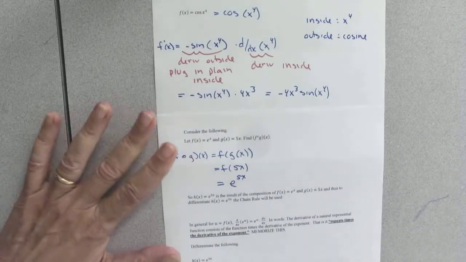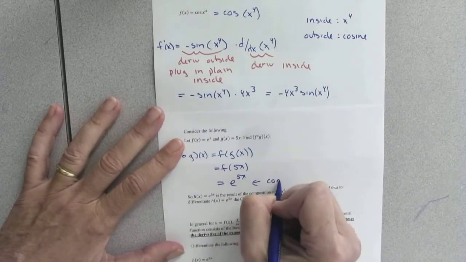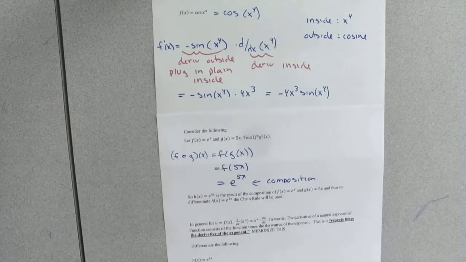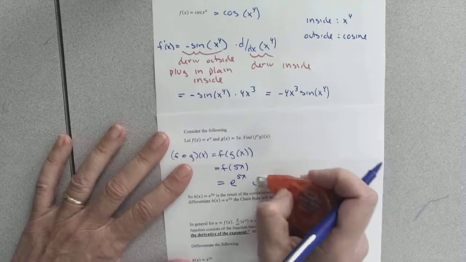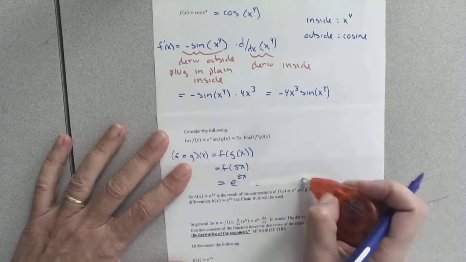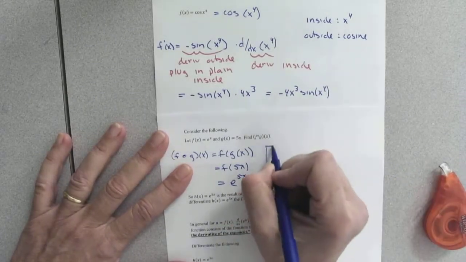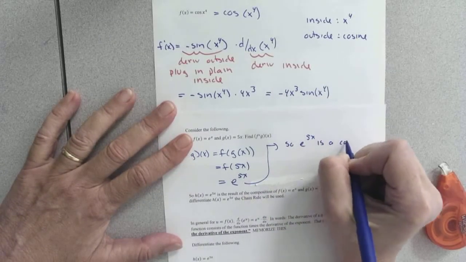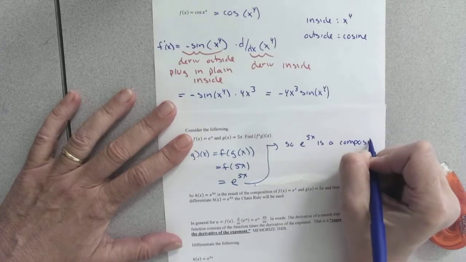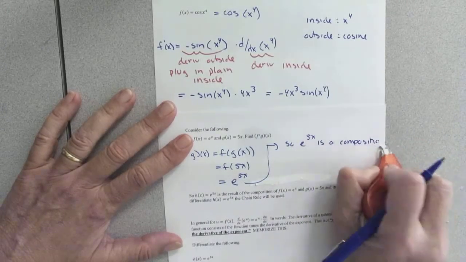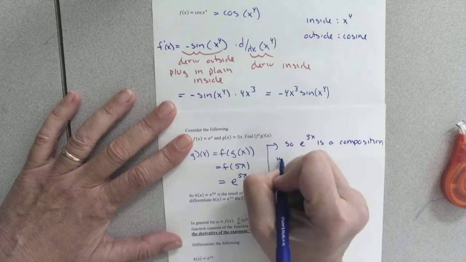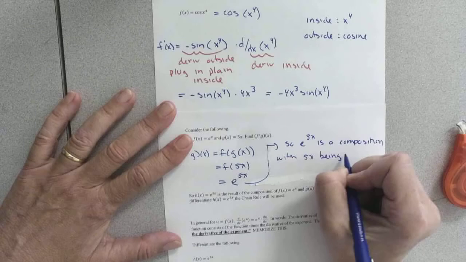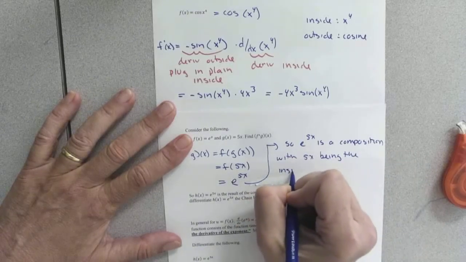So the point here is that e to the 5x is a composition, with 5x being the inside function.